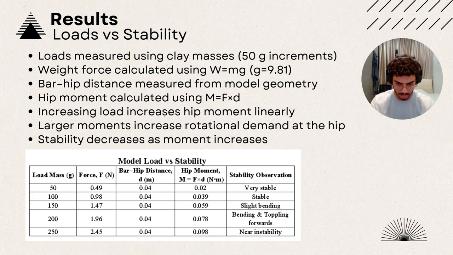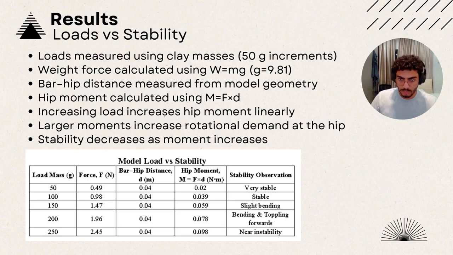So the mass would be like 20 grams of clay on each end, and the bar itself was like 5 grams. We also kept the horizontal distance between the barbell and the hip joint at exactly 0.04 meters, constant for all of the trials.